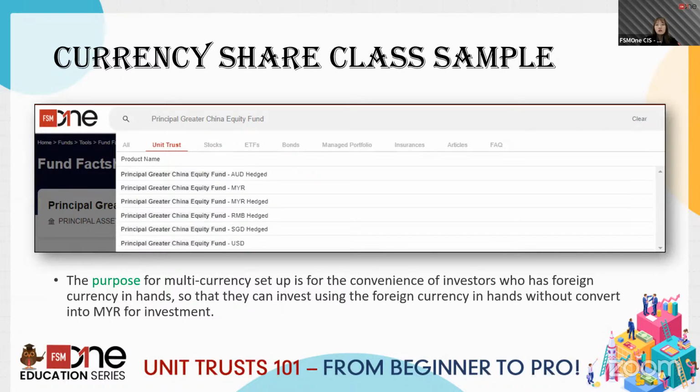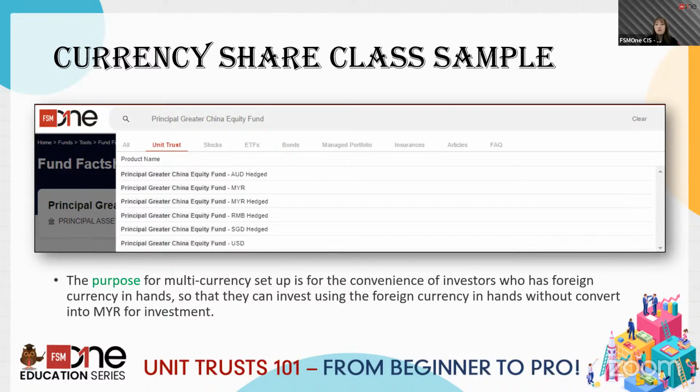And it is pointless for an investor to convert their ringgit to invest into the US dollar class and to convert back the ringgit after taking profit, because in this case, you may suffer losses on the foreign exchange conversion rate.